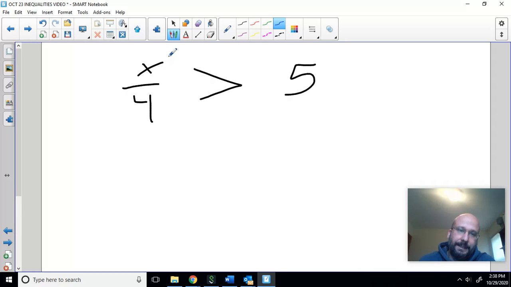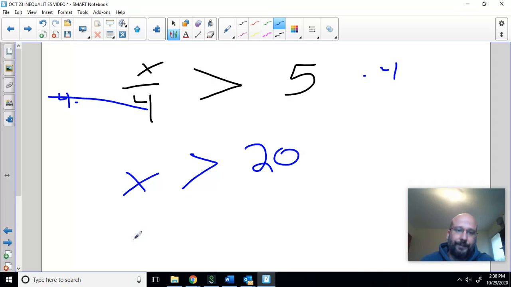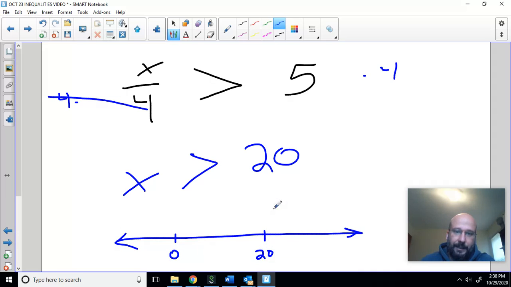So again, one-step equation. If this was just an equation, with the bottom number of a fraction, multiply both sides by 4. This goes to just x is greater than 5 times 4, 20. On a number line, we have 20 here. 0 would be over here.